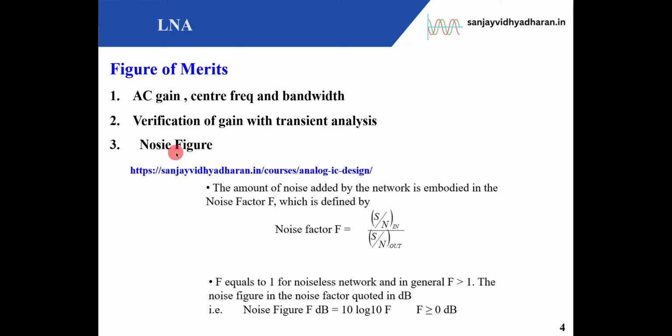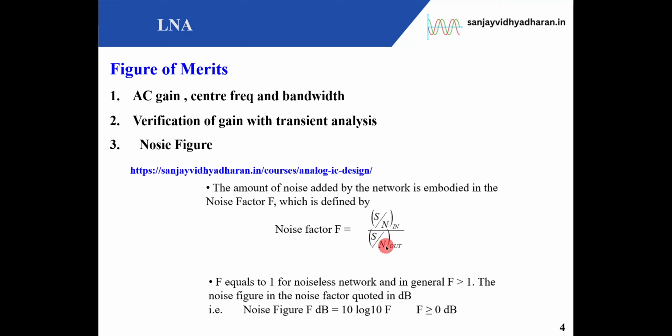And then we also have to plot the total noise figure of the circuit. The noise factor is defined as the signal to noise ratio at the input over the signal to noise ratio at the output, and obviously the signal to noise ratio at the output will be lesser than the signal to noise ratio at the input. That is because the input signal and the noise are going to get amplified by the same factor G, but the amplifier itself is going to create some noise.